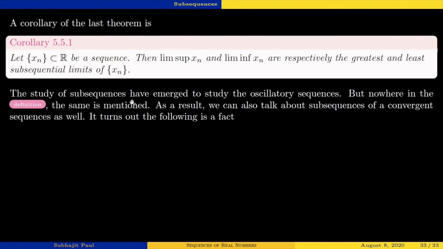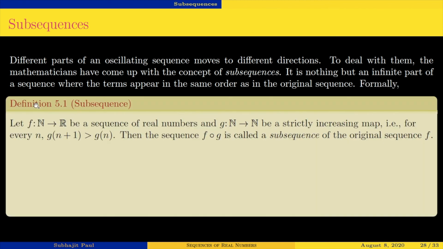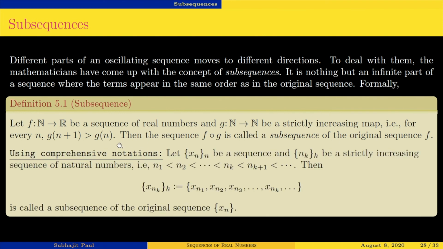The study of subsequences has emerged to study oscillatory sequences. But look at what the definition says. The definition of a subsequence never says that it is a definition only for oscillatory sequences. This is a definition for every sequence. Let xn be a sequence.